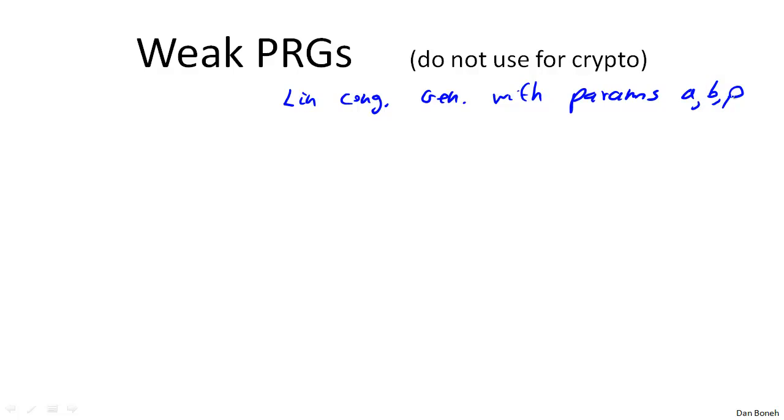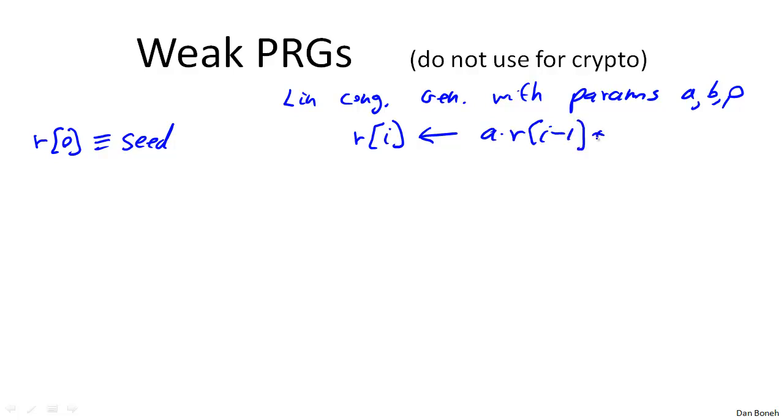And the generator is defined as follows. I'll say r0 is the seed of the generator. Then the way you generate randomness is that you iteratively run through the following steps. You compute a times r_(i-1) plus b modulo p.